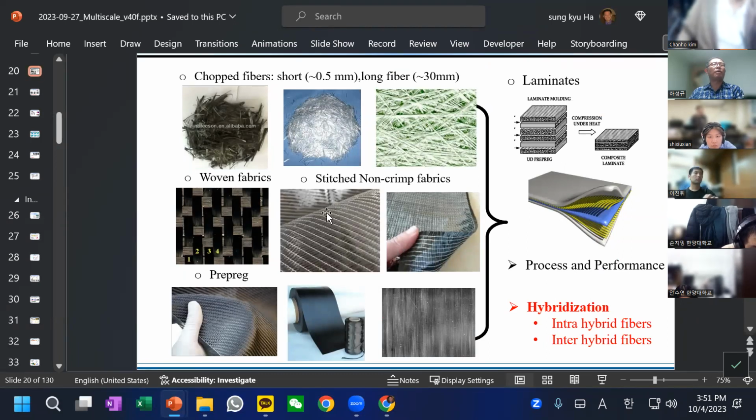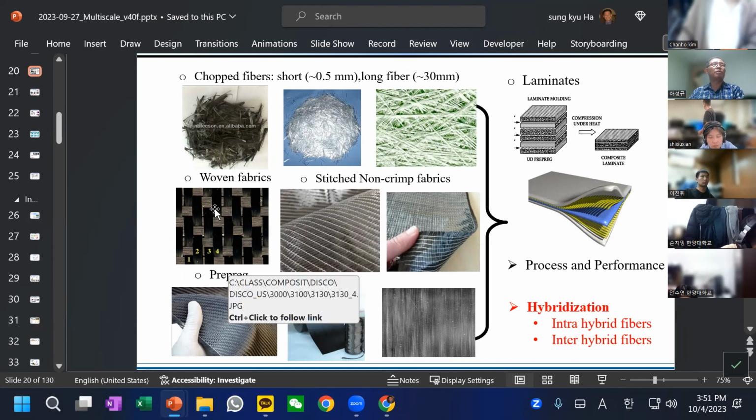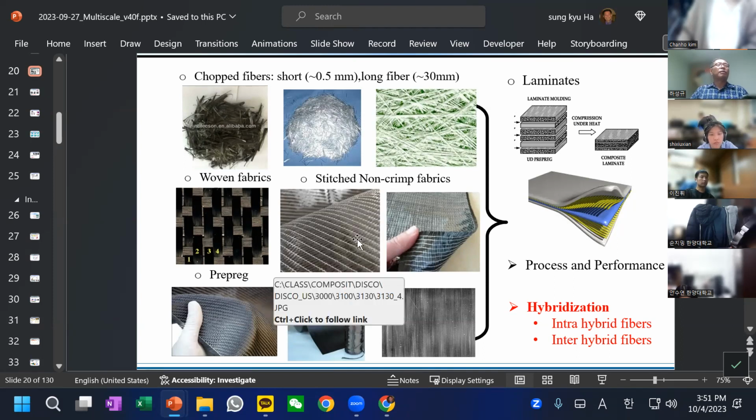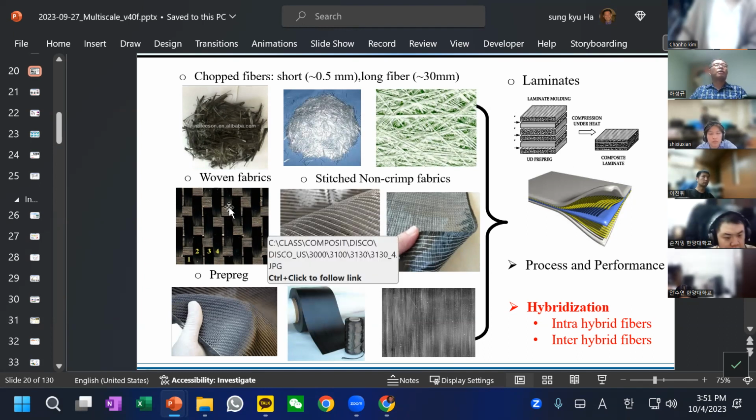They can form a fabric by stitching, and it can be a pre-preg. Again, we don't have interlocking or stitching, it just has resin impregnated, so it can be in the form of a sheet. It's not complicated.